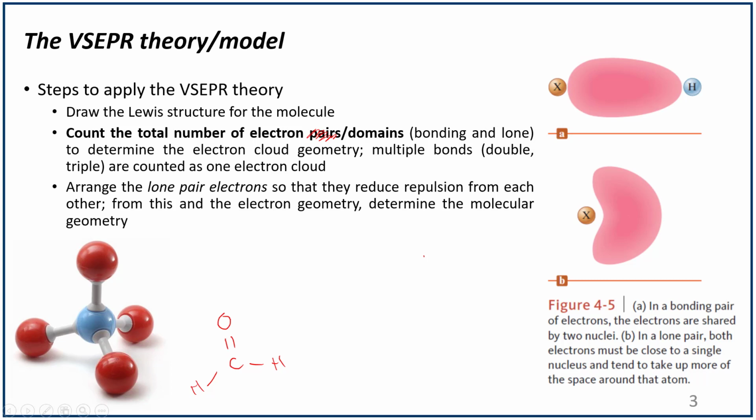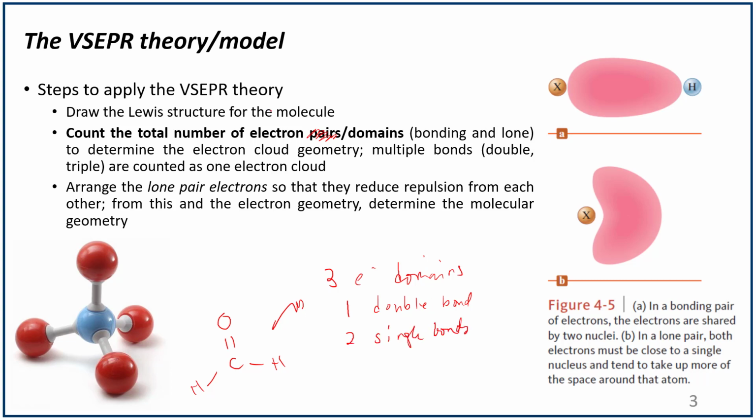I'm still trying to figure out my stylus. So for formaldehyde, you actually have 3 electron domains. You have 1, which is a double bond, and you have 2, which are single bonds.